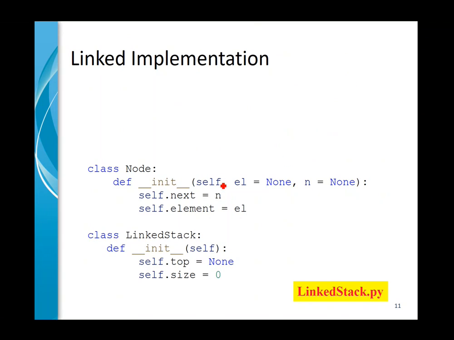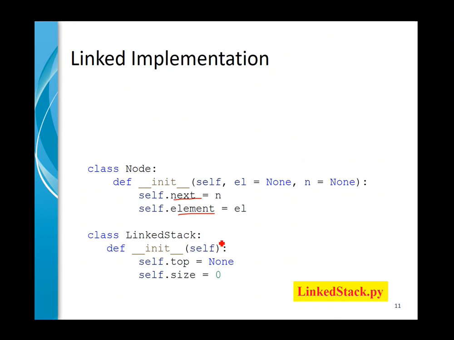Now let me introduce them. First of all, it's quite similar to what we learned on the linked list. The node itself has the next, and it also contains the element it's going to store.